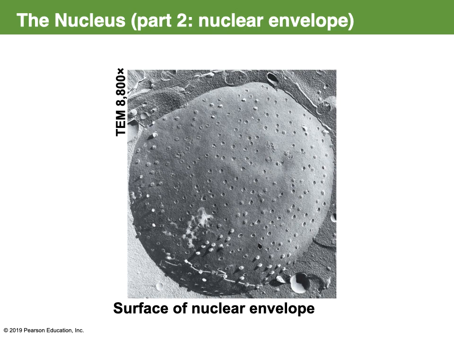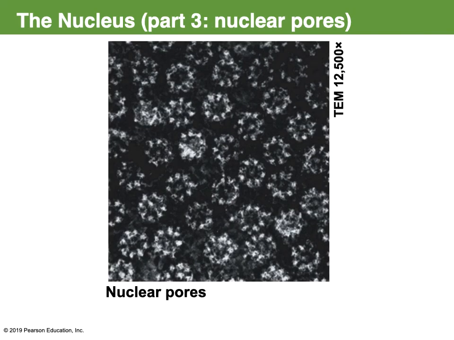And you can actually see in this photomicrograph, again, we're looking at transmission electron microscopy, we're looking inside a cell. Magnification's 8,800, so highly, highly magnified, but you can actually see the individual pores in the surface of the nuclear envelope. And in fact, we can really zoom in. Now we're at 12.5 thousand magnification, and you can see actual individual nuclear pores, which is pretty darn cool.